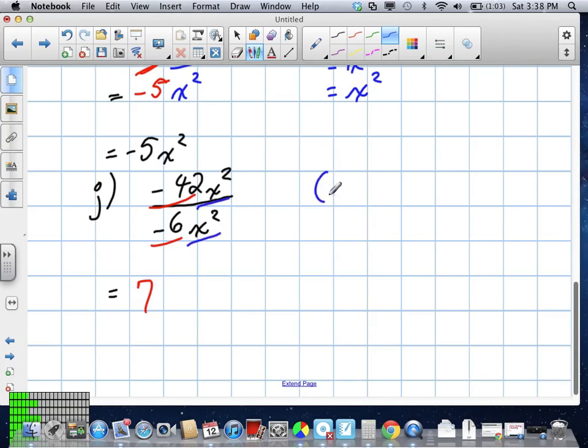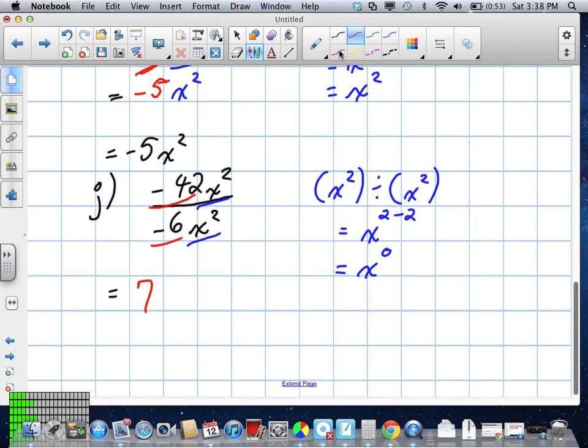Now, let's set this up. They're divided by, right? So what does that mean we do to the exponents? We subtract them. So 2 subtract 2 gives you what? 0, so just x. No. X to the power of 0 is a specific number. Anything to the power of 0, anything at all.